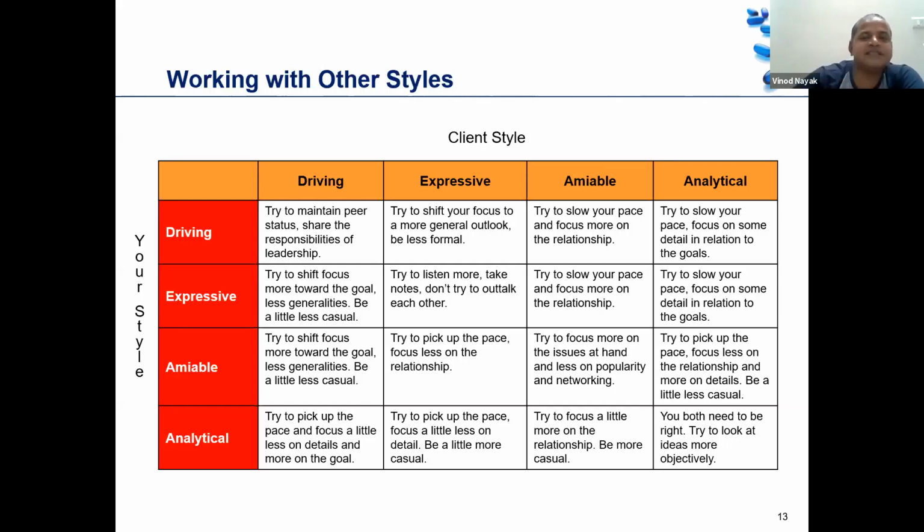If that person is amiable, then as a driver, we have to slow down our pace and be more relationship oriented than result oriented. And if that person is analytical, then we also have to slow the pace, and they need details. Without documentation, they don't understand. So whatever goal is put in has to be followed up with the details.